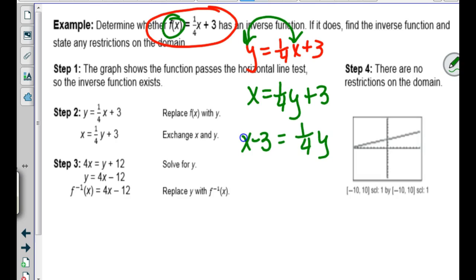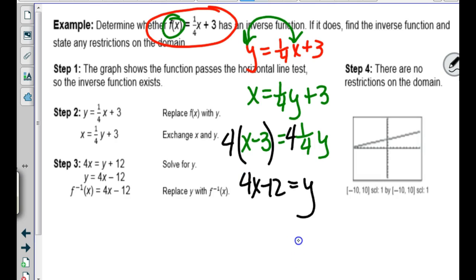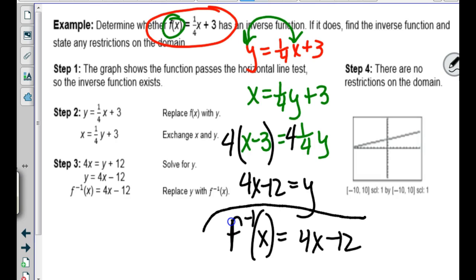I just used the wrong variable because I apparently wanted to confuse you all. All right, now this is the inverse. It is a function, so I'm allowed to write it like this, though I'm okay if you didn't even use that last step, which is what they have here.